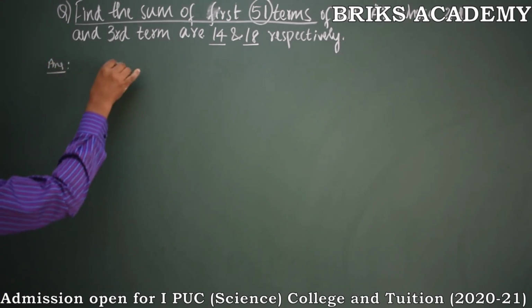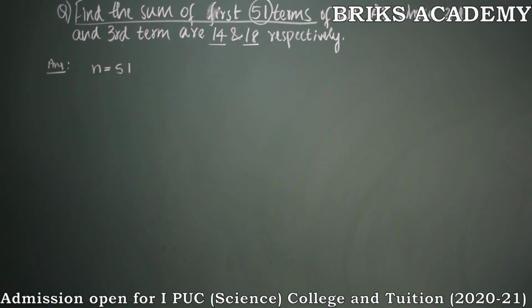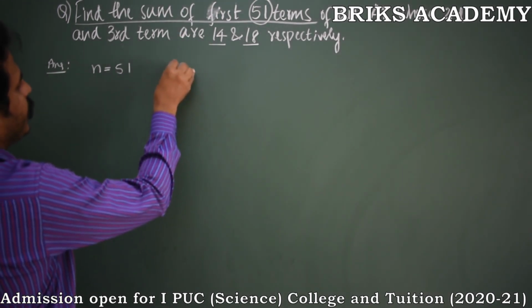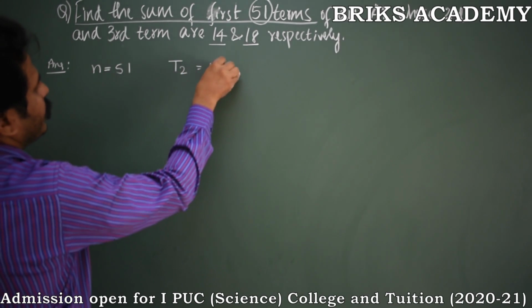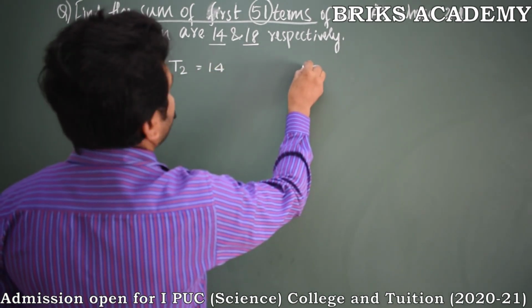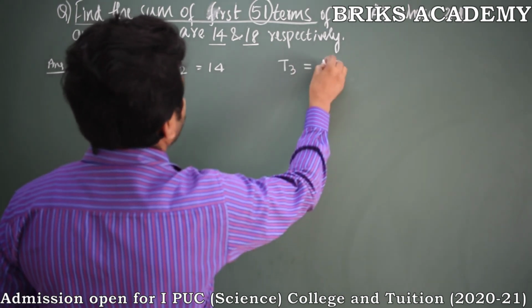What is 51? 51 is your n. Total 51 terms are there. Number of terms is nothing but n. The second term is 14 and the third term is 18.